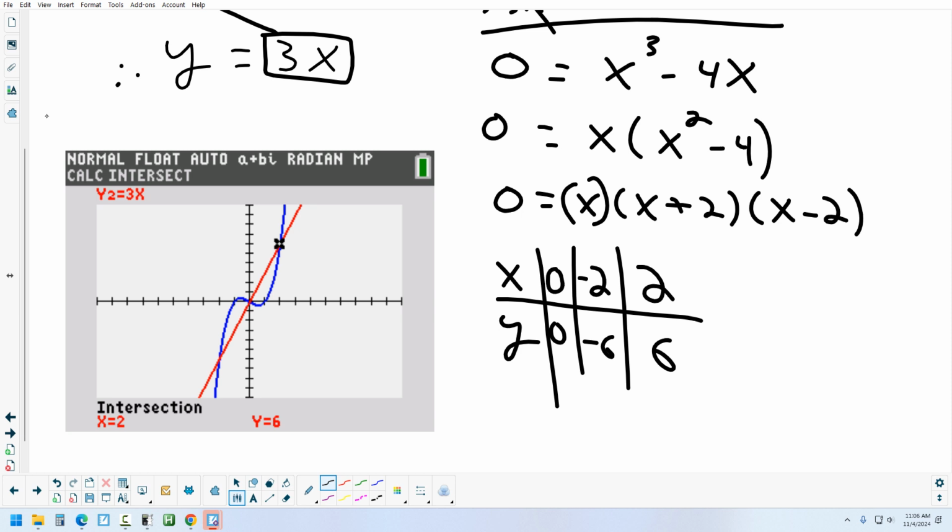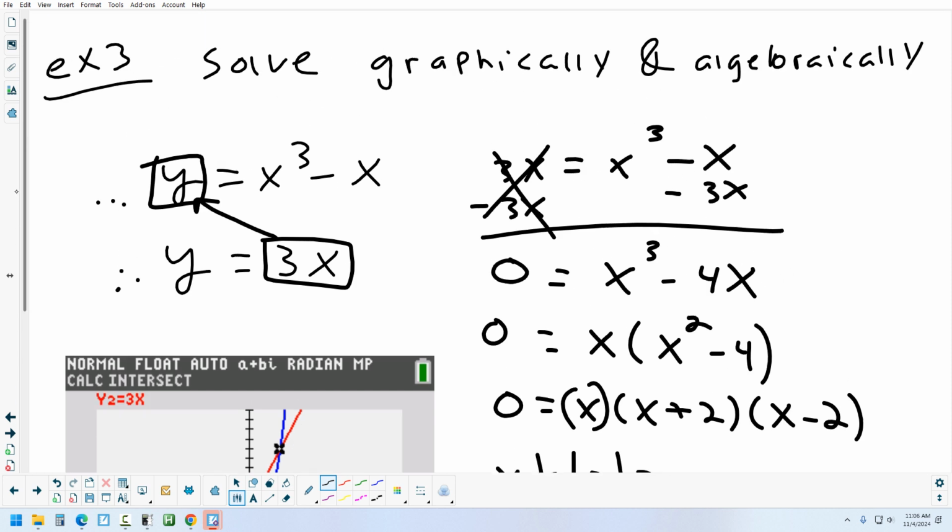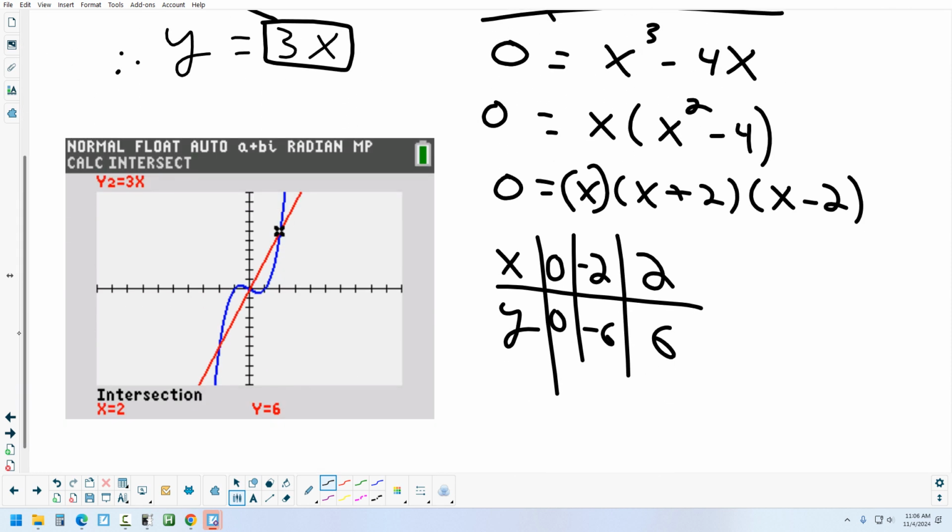All right. So any question on solving that one algebraically or graphically? Okay, that's really it for 3.7. If it says to solve graphically, we also have to put the points down also. Yes, if it says to solve graphically, I'd be looking for all 3 coordinates, or however many there were.